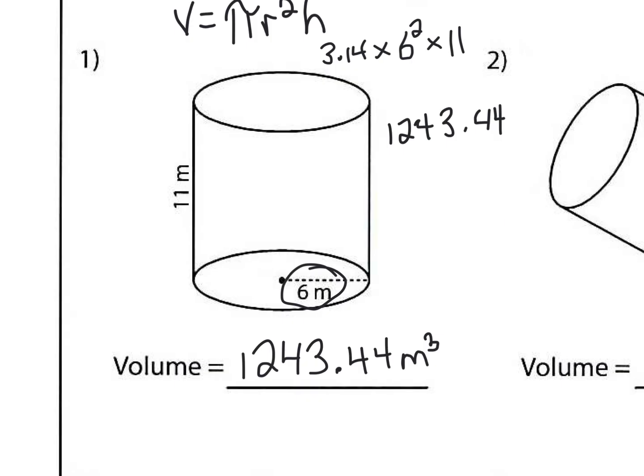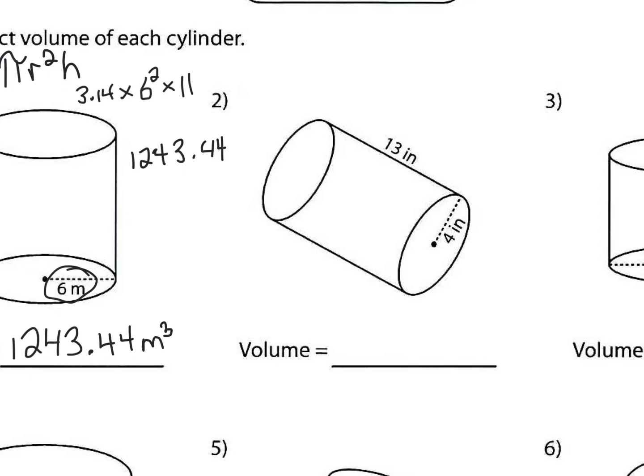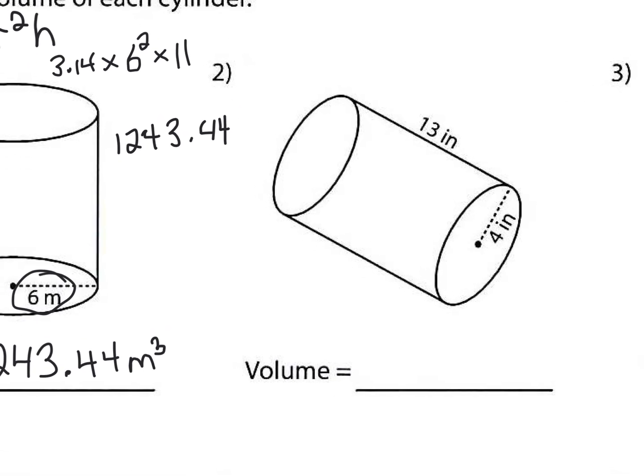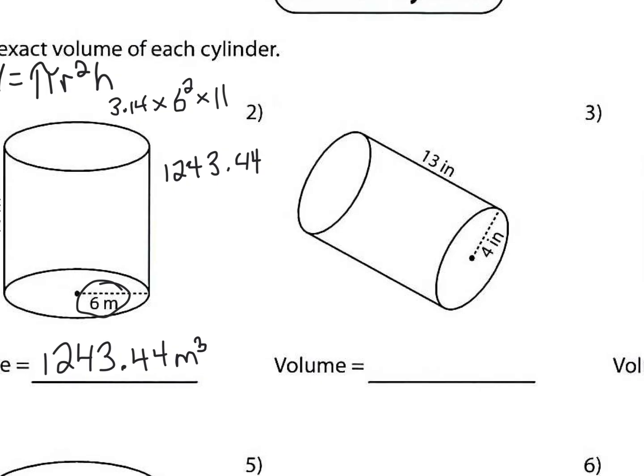Same idea with the next problem. Number 2, again, when they tilt these things on their side like this, don't get confused. The circle is your base, so you're trying to find the area of that base, which is just a circle. So again, volume is equal to pi times radius squared times height. And it doesn't hurt to write that down a few times so you get used to what the formula is.